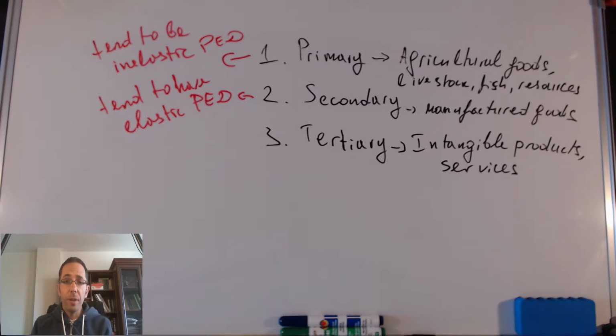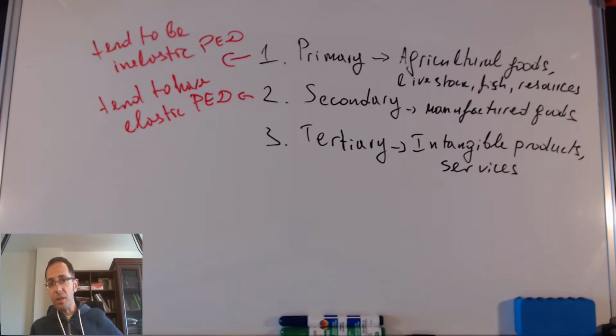The reason why manufactured goods usually have elastic price elasticity of demand is that we can now find many substitutes for them. Think about any consumer electronic that you may have at home. You have an electronic from brand A, but brand A may be offering 5 or 6 different models. At the same time, there's also brand B, C, D, and so on, which are also coming with different models all the time. So that will create a lot of substitutes.